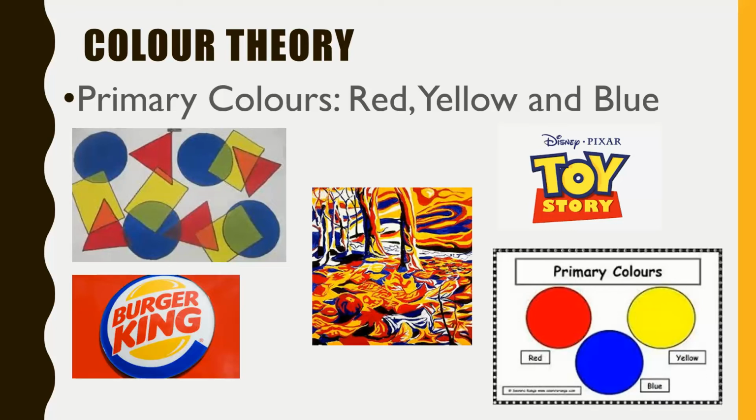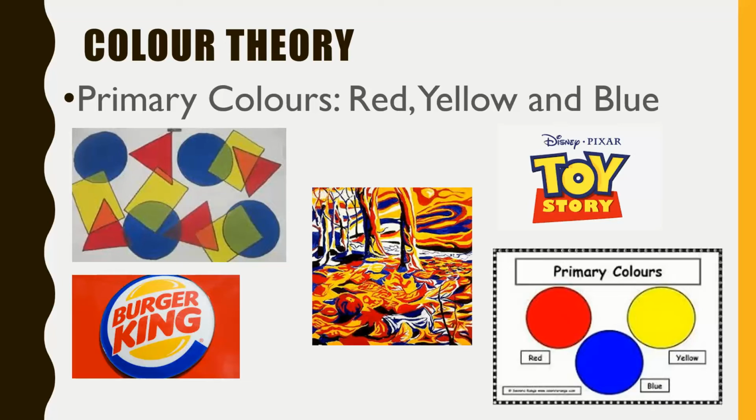So these are our primary colours: red, yellow and blue. We often find them in fast food restaurants and things. Combining the colours red and yellow next to each other makes you feel hungry.